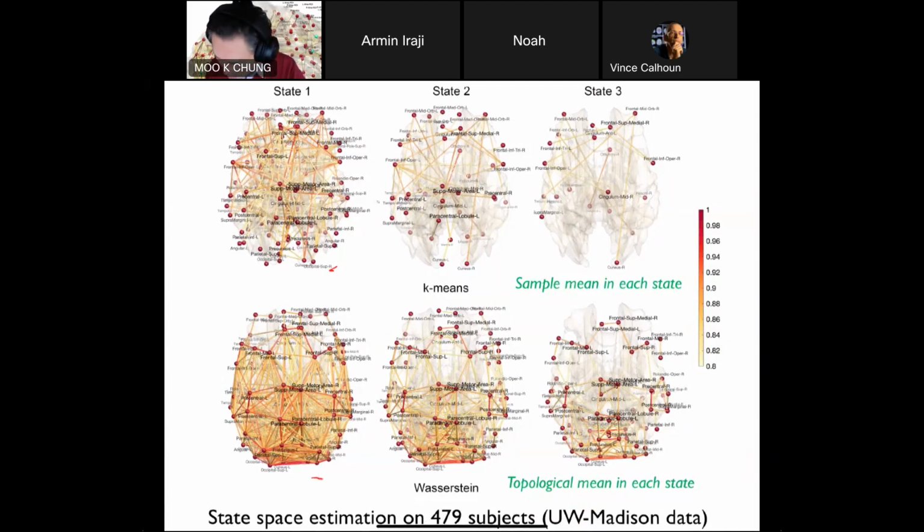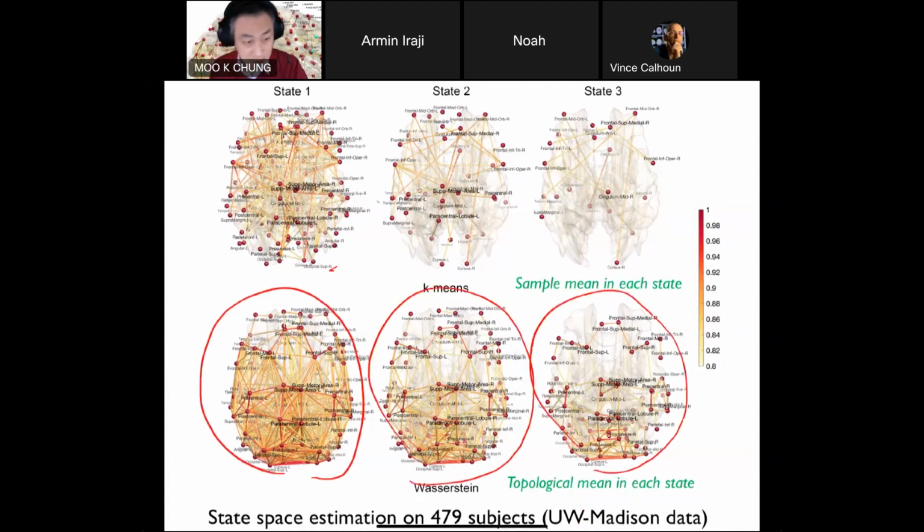Now, our topological clustering, this is the result, and we are averaging topologically within each state. Now, if you do that, what happens is, I didn't put any kind of constraint about the left hemisphere, right hemisphere, but our method is detecting this kind of symmetric pattern.